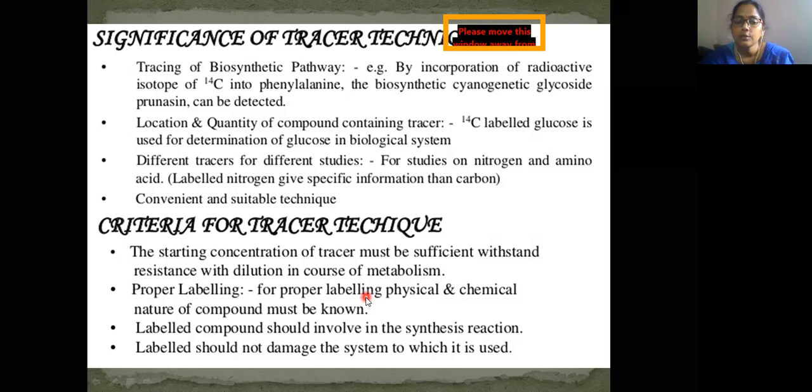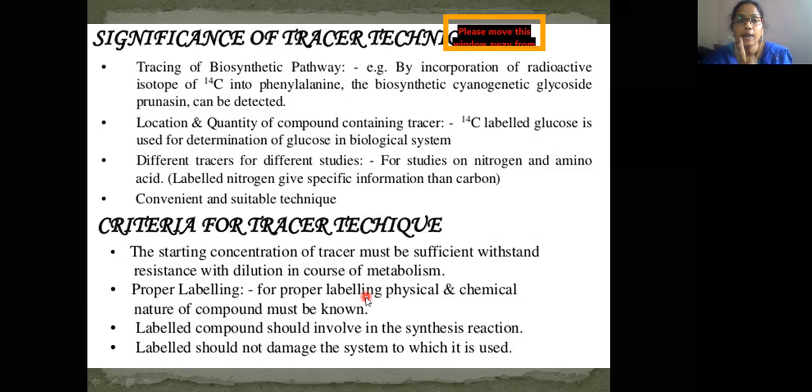The radioisotope which is there in the erythrose 4-phosphate should also allow the compound to be involved in the condensation reaction, but it should not disturb the reaction. Whatever intermediates are formed after the condensation should be formed even after introducing the labeled compound. So the labeled compound should not damage the system.